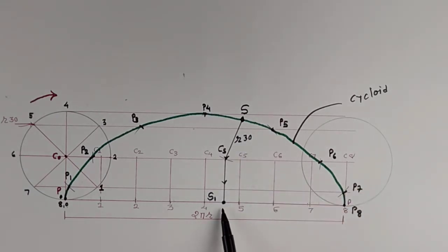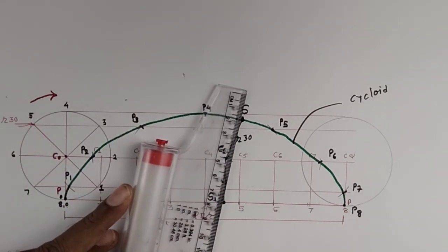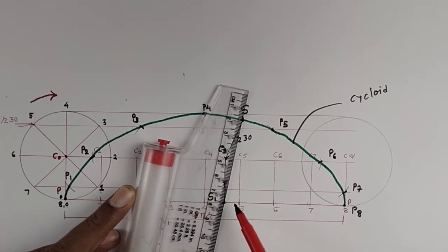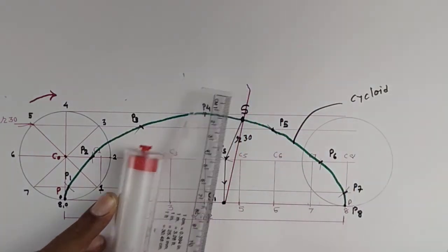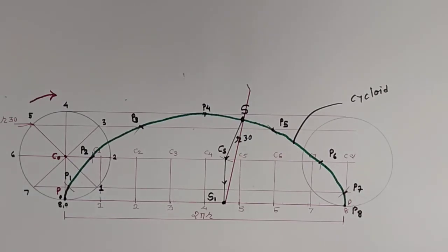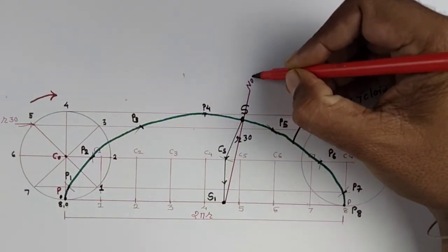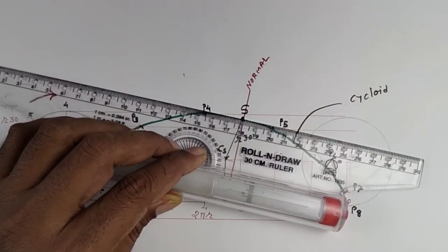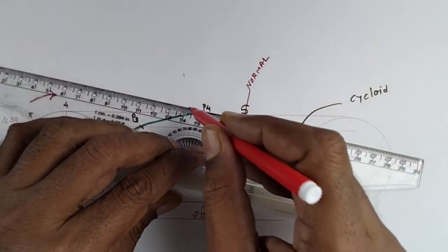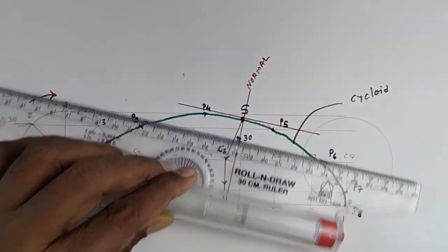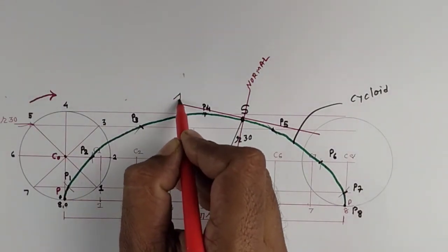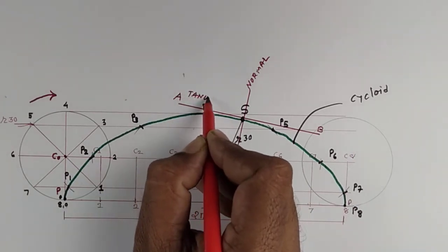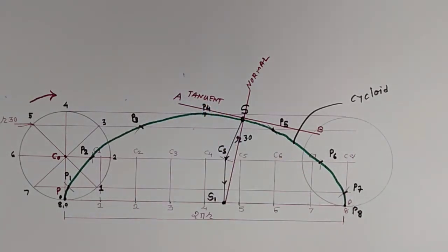Now after getting your S1 point, you connect S and S1 as a straight line. It is your normal. At the S point, you can draw the perpendicular line to the normal as AB. You can say it is our tangent.